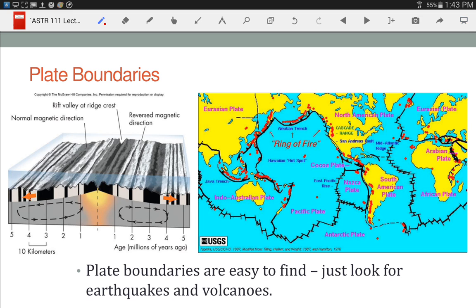And sailors noticed crossing the ocean, their compasses would do crazy things. And of course, superstition might say it's some kind of sea monster or something. But scientists were like, why would the compass not work? And so they went out and studied, and they found that the ocean floors had magnetic orientations that varied.